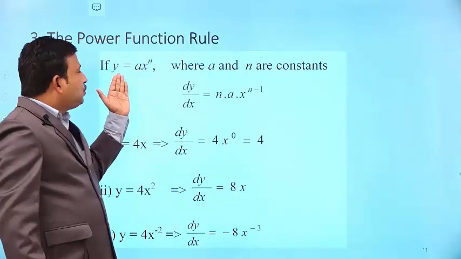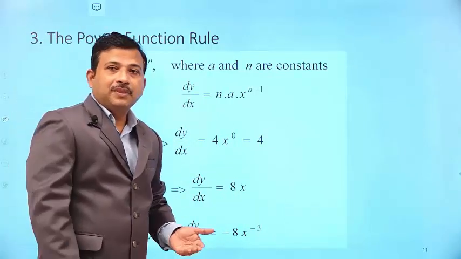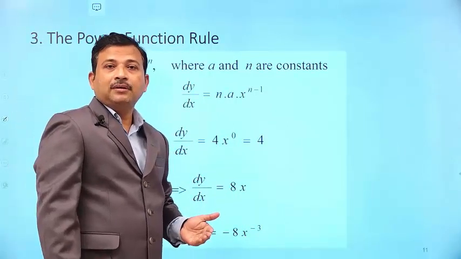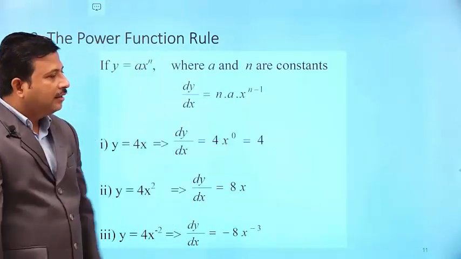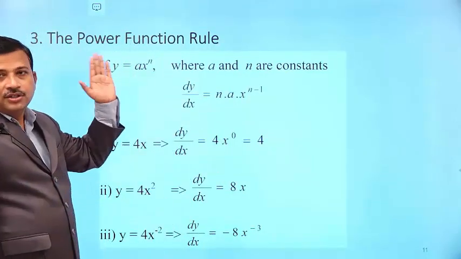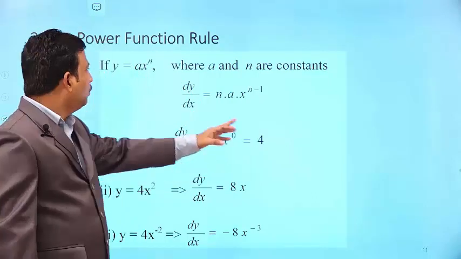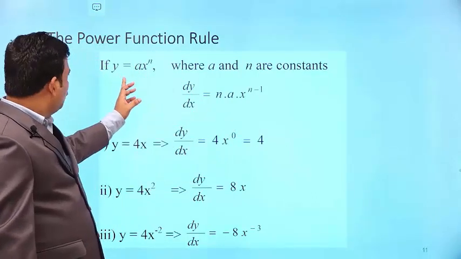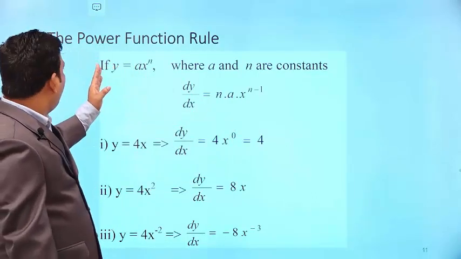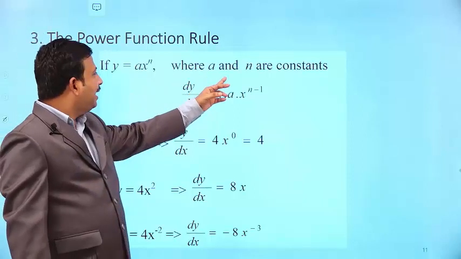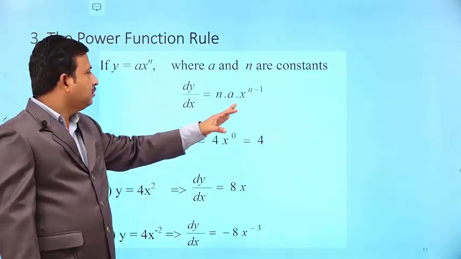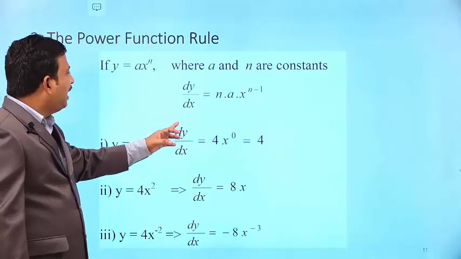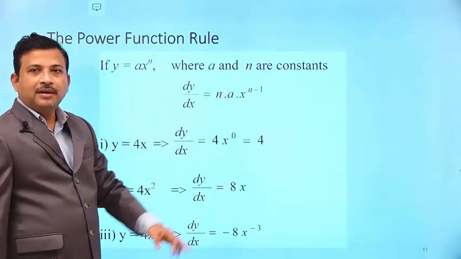If y is equal to a into x to the power n, okay? So the power function rule. Here if y is equal to a into x to the power n, where a and n both are constants, then dy by dx equals n into a into x to the power n minus 1.